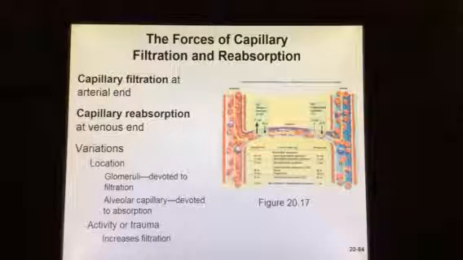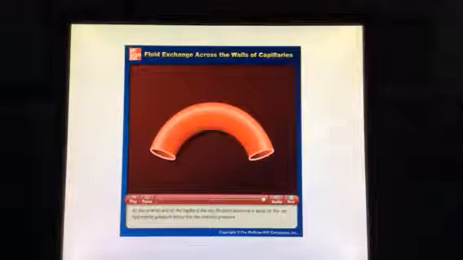It could be longer, and we're talking about tiny little molecules, so it's not too far-fetched to think that in that section filtration can happen at one end and reabsorption at the other. Again, I would take a closer look at a larger image so that you can grasp what's happening at either end of the capillary. I would encourage you to watch this separately.